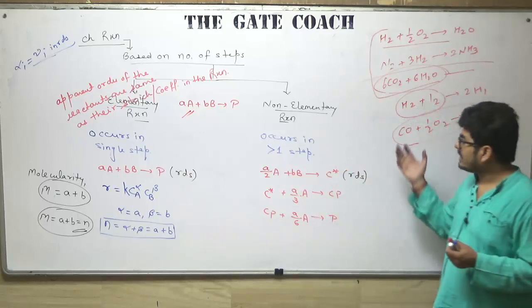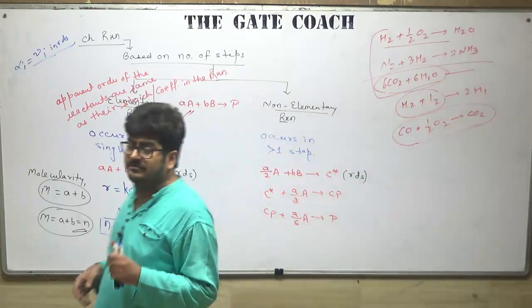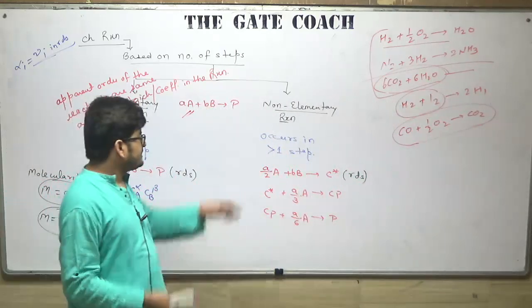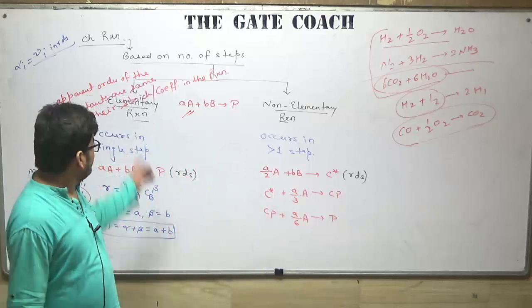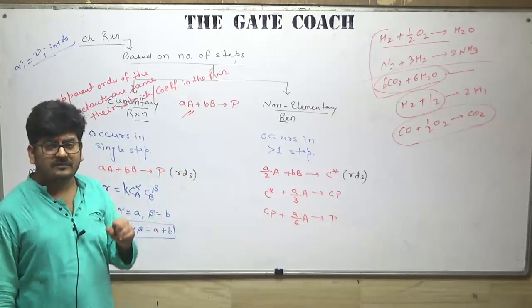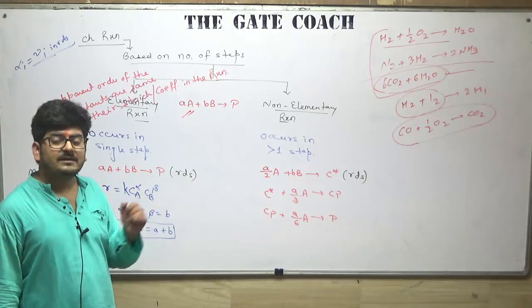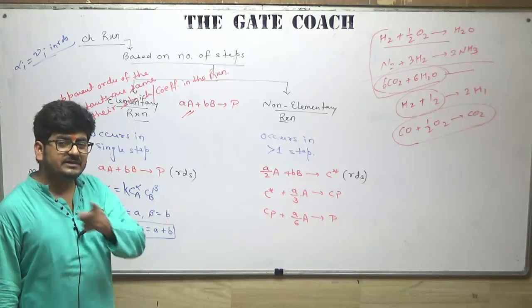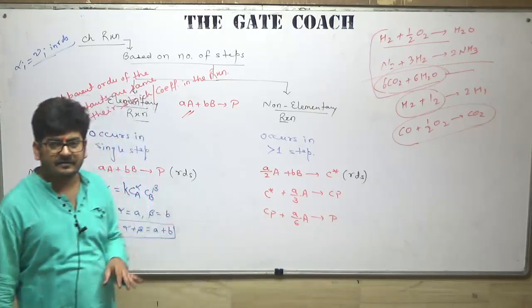Now let's move to the non-elementary ones, which occur in more than one step. Just try to understand. For molecularity, we wrote the first point, it is a theoretical quantity. And the second point was, it is associated with elementary reactions only. Now I hope you can understand why.